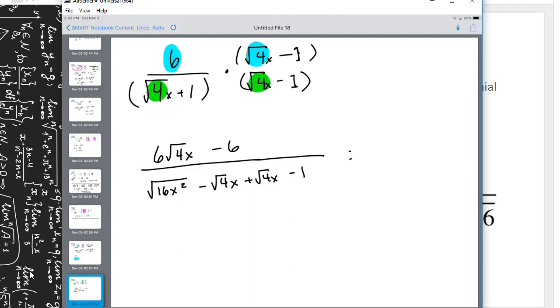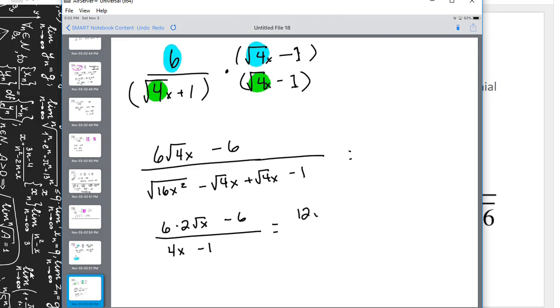Let's go through with simplifying this. So 6 root 4x would be 6 times 2 root x, because that 4 can be square rooted, minus 6, all over 16x squared is a perfect square, so that would be 4x, minus root 4x plus root 4x is 0 minus 1.